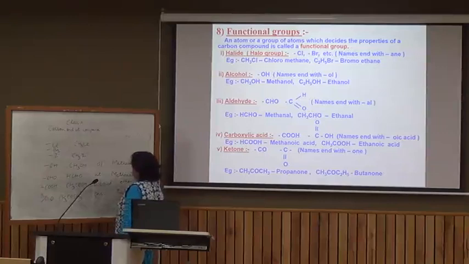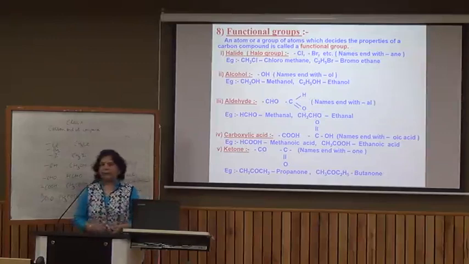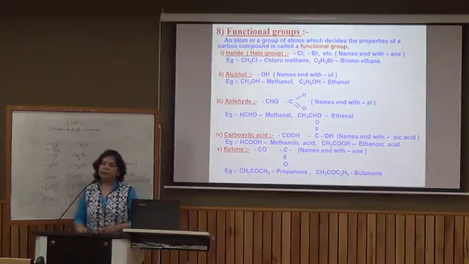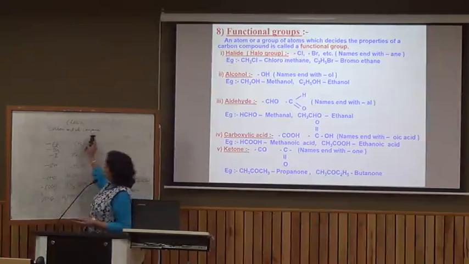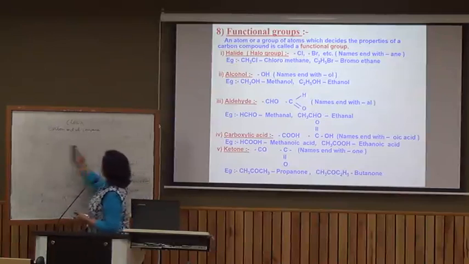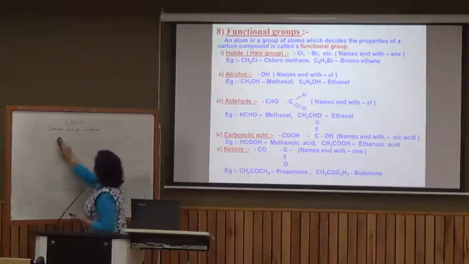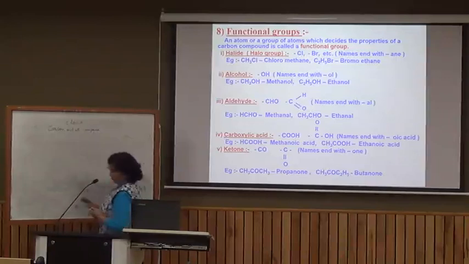Right? This way, these are the functional groups, the atoms or the groups of atoms which will now be giving the special properties to the carbon compound. As I am taking one example, let it be alcohol. The simplest alcohol will be having 1 carbon atom.